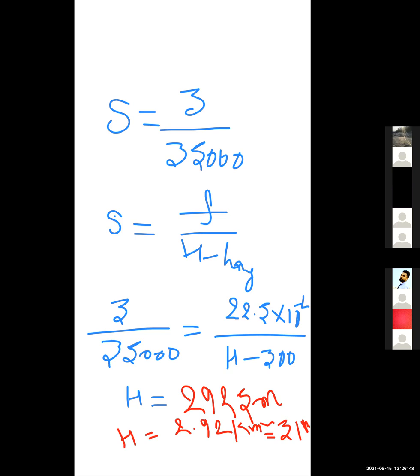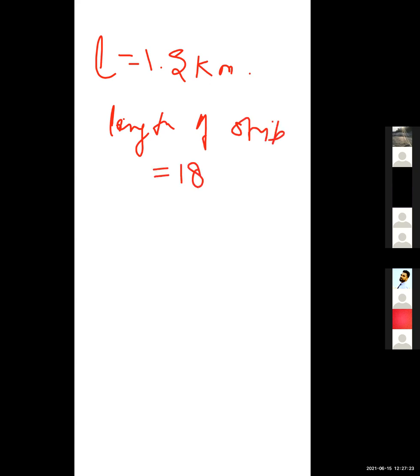Objective question, multiple choice question. Question is, the net length covered by each photograph is 1.5 kilometer, and length of a strip is 18.